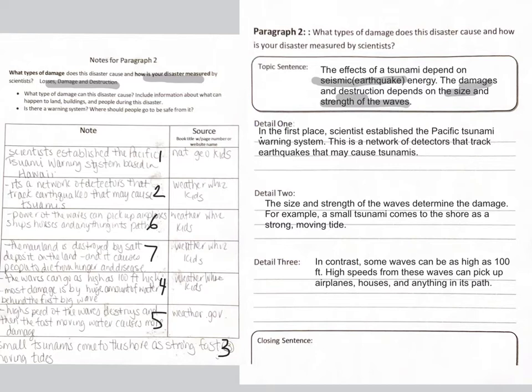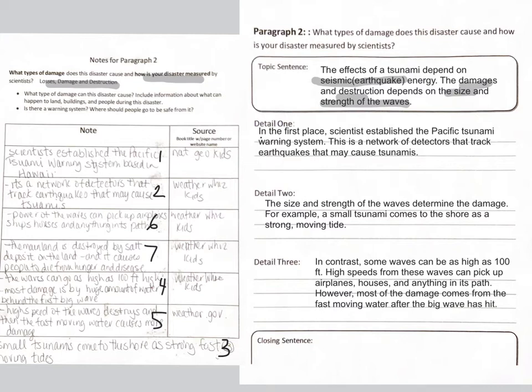Now I'm going to use a transition word here to link my next idea, which is, however, most of the damage comes from the fast moving water after the big wave has hit.